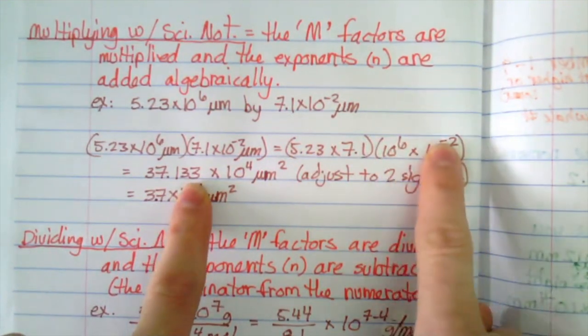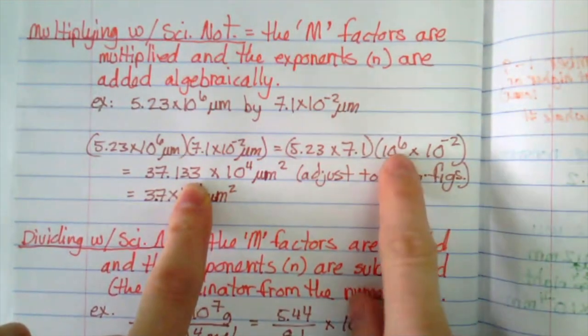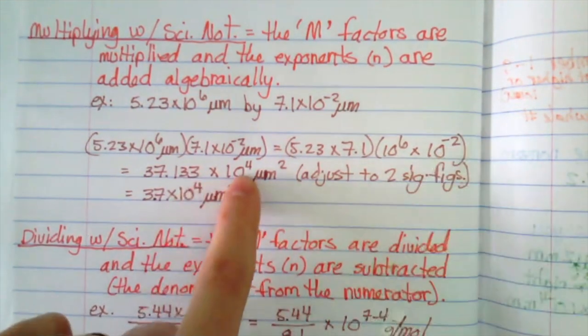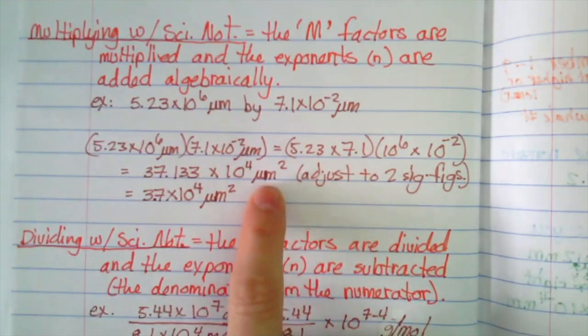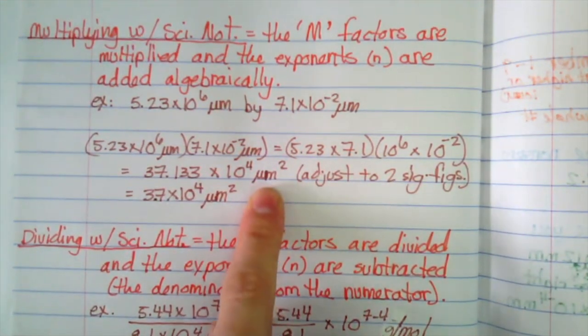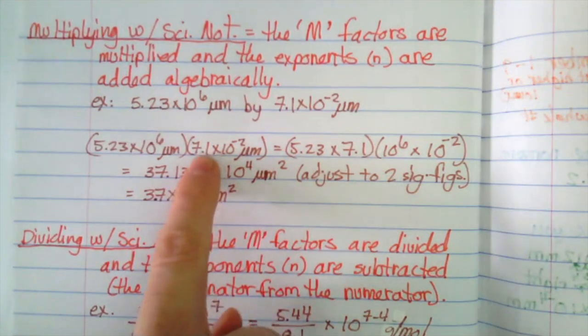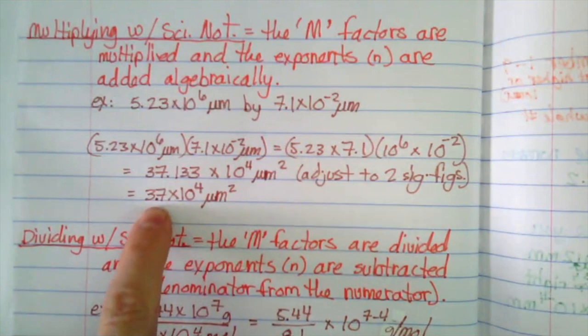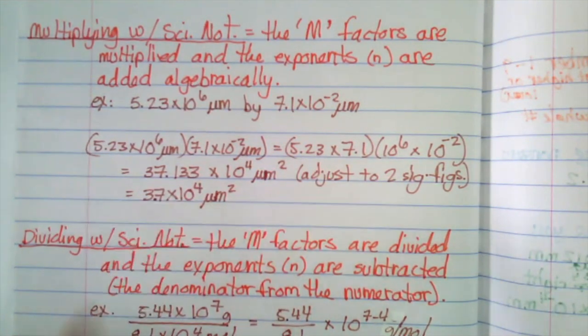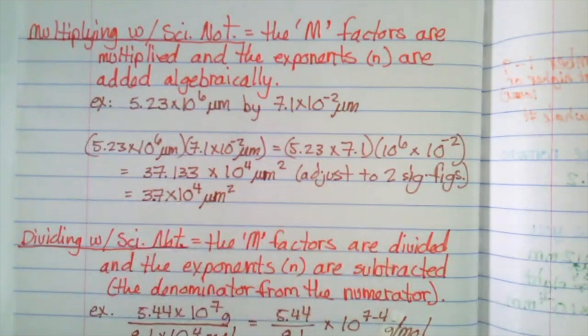These two are then added. So 6 plus -2 is a 4. And then because I have micrometers times micrometers, my micrometers are squared. I have 2 significant figures because 7.1 is the smallest. So my answer also has to be 2 significant figures. The decimal points can't do anything to round up to 7, so they just get cut off.